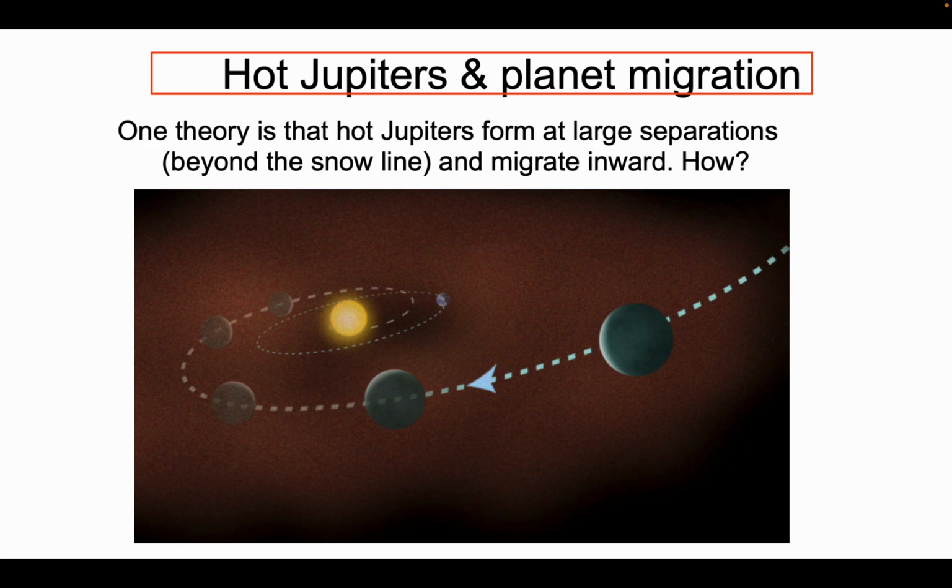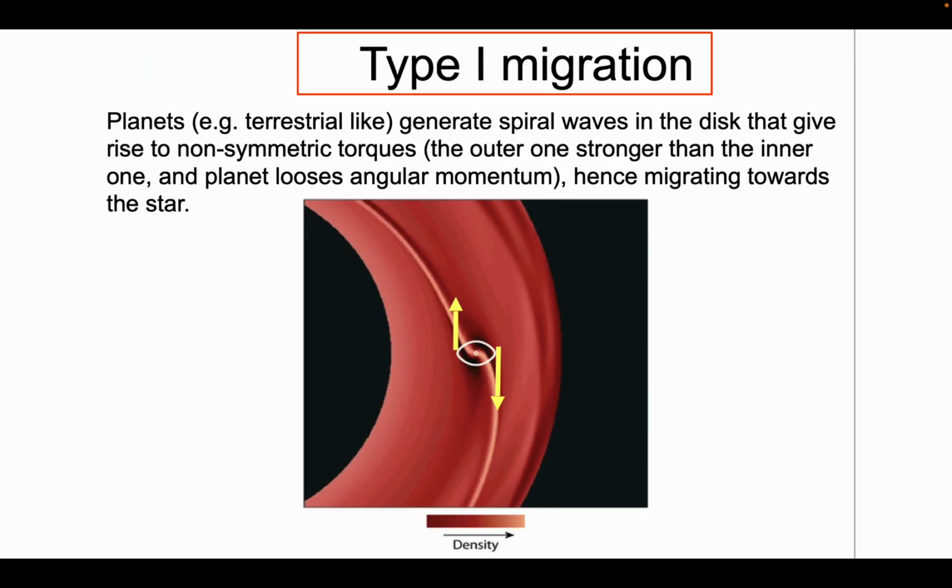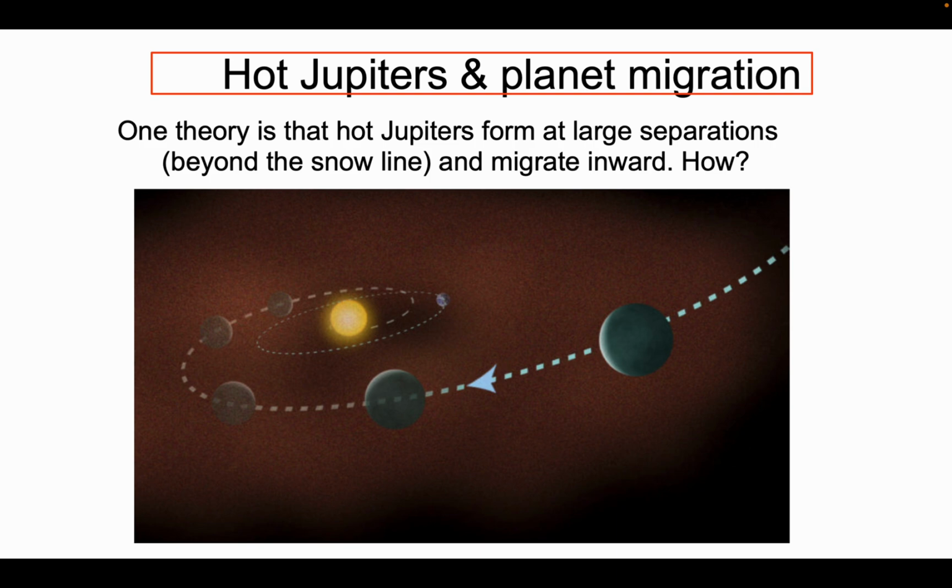One theory is that the hot Jupiters form at large separation, beyond the snow line, and migrate inward. So the question will be how. This discussion is about the hot Jupiter and planet migration.